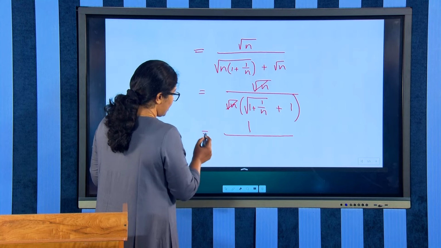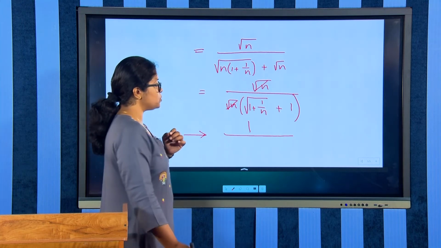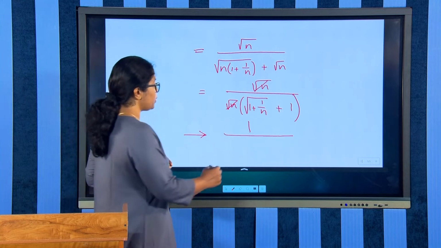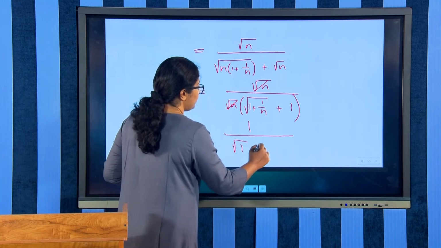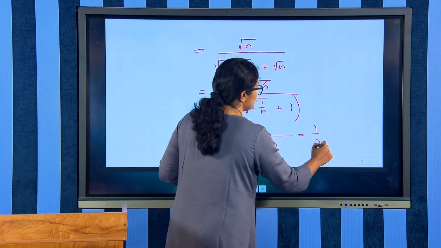So, as n approaches infinity, I am writing directly, this goes to 1 upon root 1 plus 1, that is equal to 1 by 2.